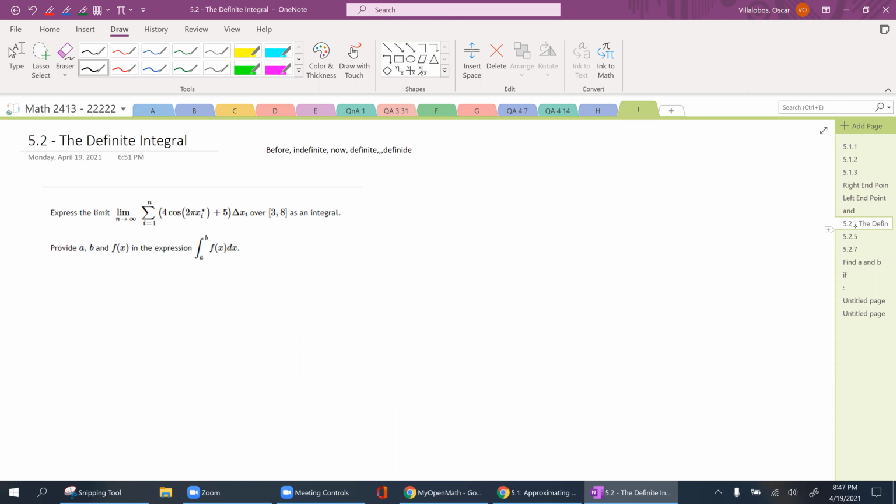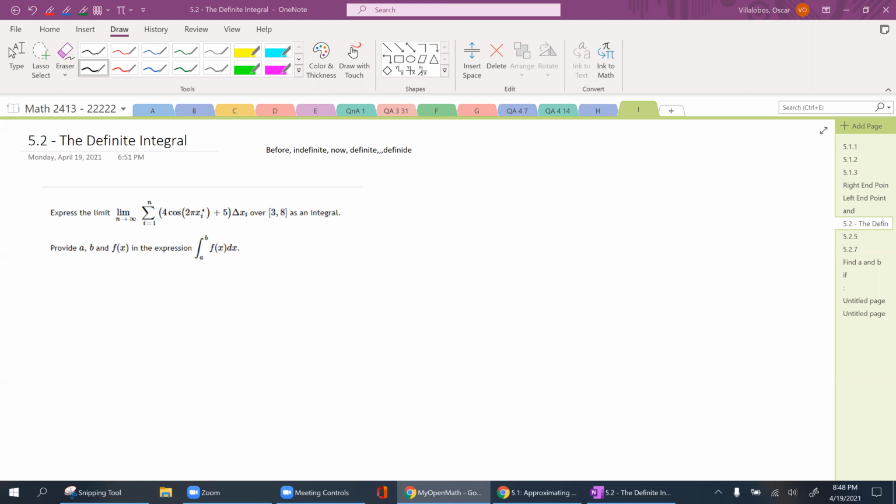What we learned before was the integrals that were not defined, indefinite. It was just, hey, you have an integral, boom, integrated, and you had to add plus c. For these definite integrals, you are defined. It's saying it's between here and between there. So you're giving the summation, and you're being asked how you would write this as an integral.